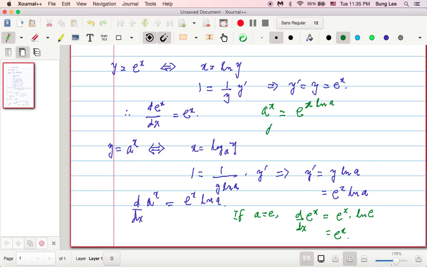So you take the derivative of this: d/dx of a to the x is the same as d/dx of e to the x ln a.